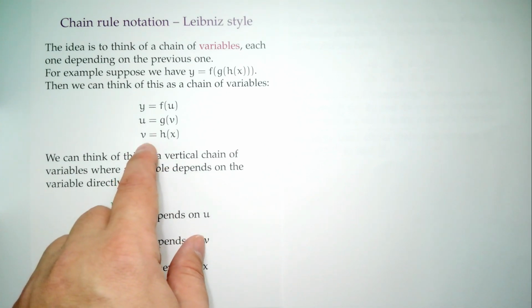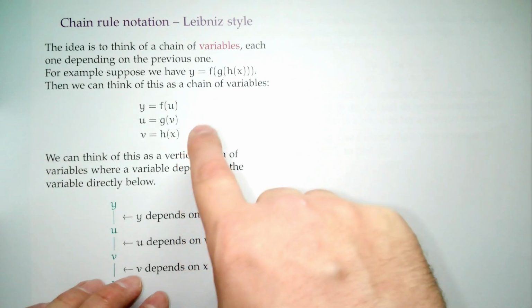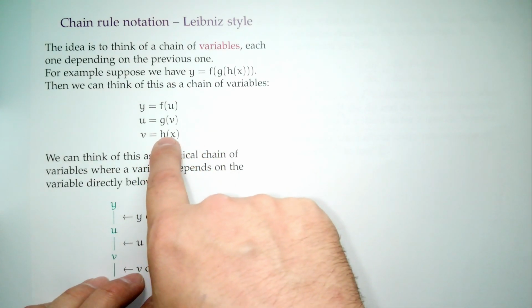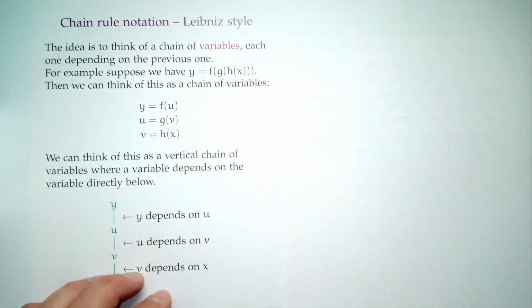And v is h as a function of x. If you were to plug in, replacing v by h of x and u by g of h of x, you get the same thing that you had. But what you're doing is pulling apart so that at every level you have something much simpler. You don't have layer upon layer upon layer of complexity. You just have multiple layers going on, all separated out into their different strata.